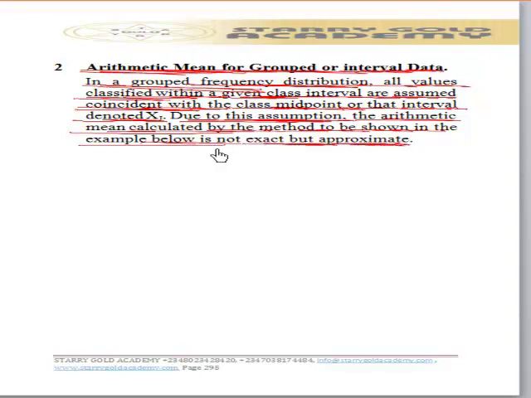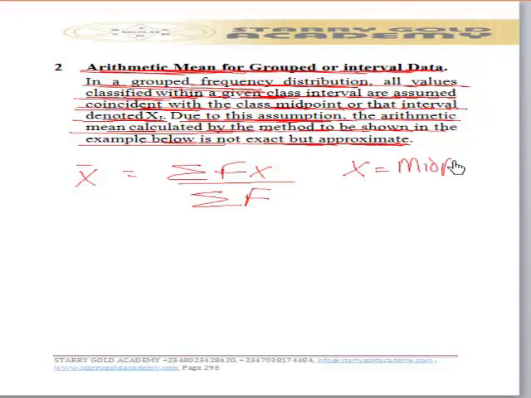But in a simple sentence, if we are given statistical data in the form of grouped or interval data, then we still have our arithmetic mean computed as we have done recently, which is summation fx all over summation f. Only that our x here will represent the midpoint of the class interval given.